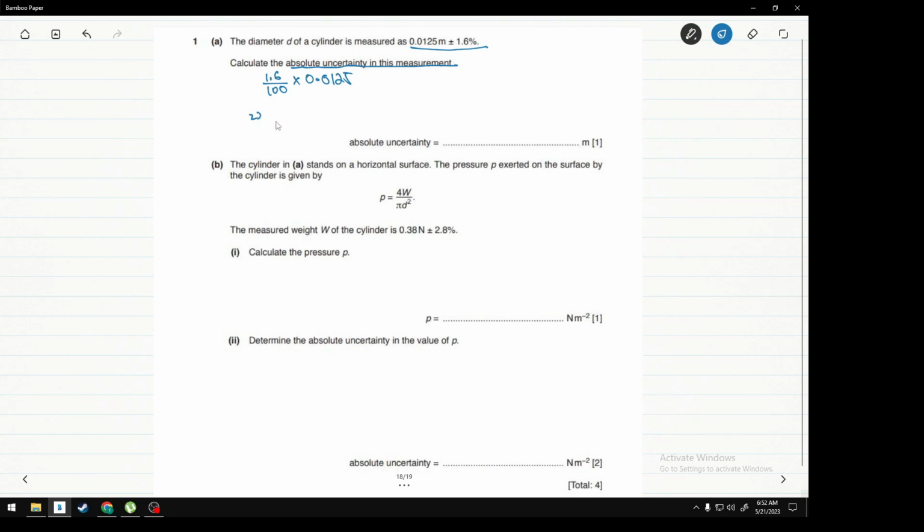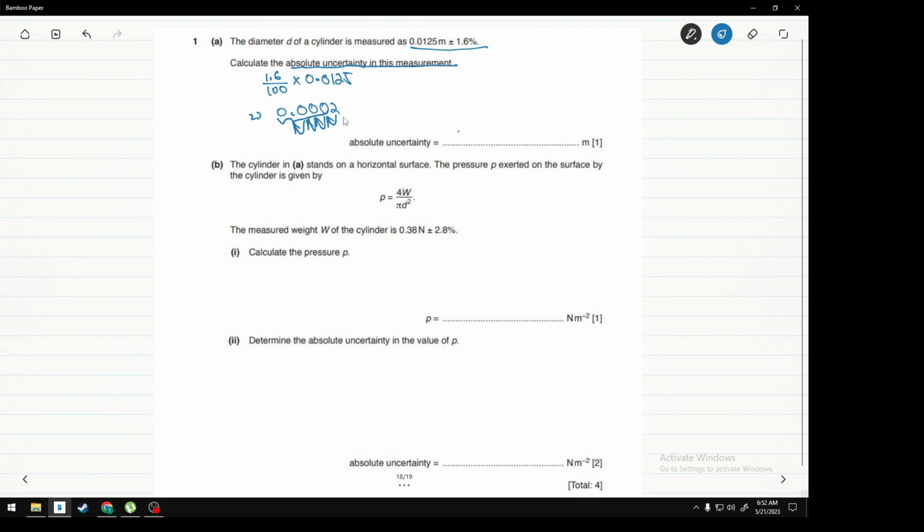So absolute uncertainty becomes 0.0002, right? Now, we have discussed that writing this many zeros is not ideal for us. So we move one position to the left, another position to the left, another position to the left, and this is still not standard. So we move one more position to the left to make it standard, right?